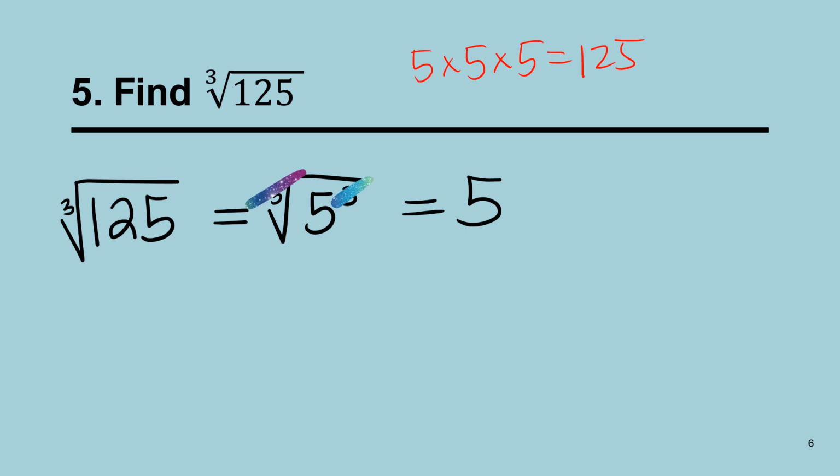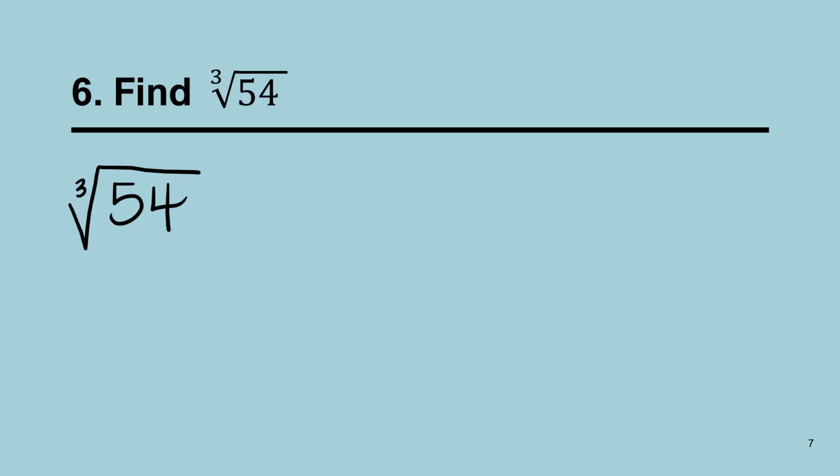Now let's look at an example where we have a number that is not a perfect cube. So we have the cube root of 54. Very similar process to what you saw before with simplifying square roots.